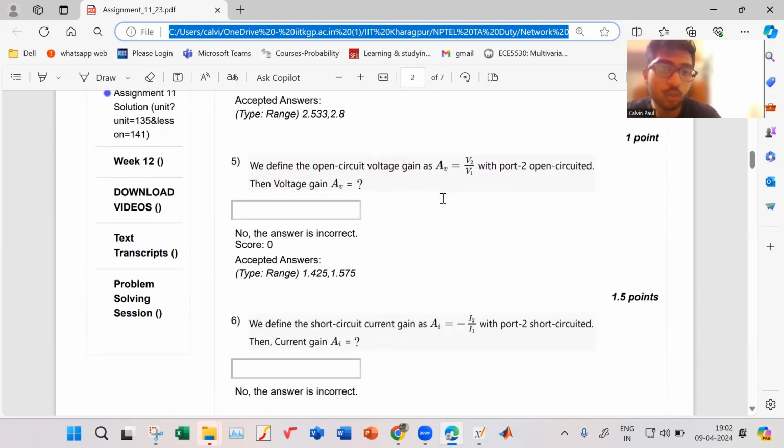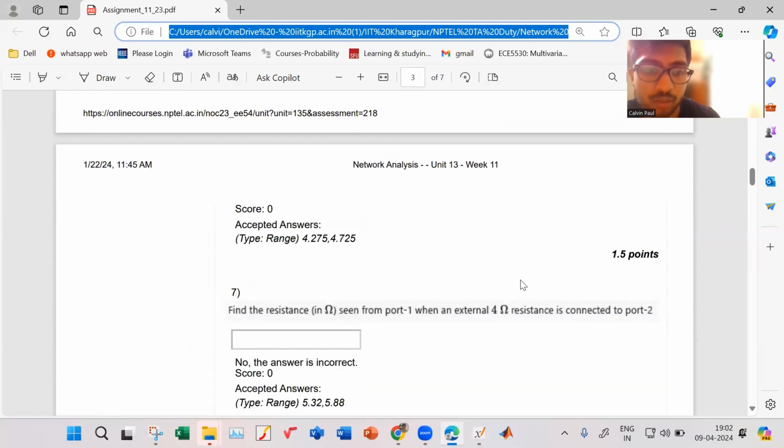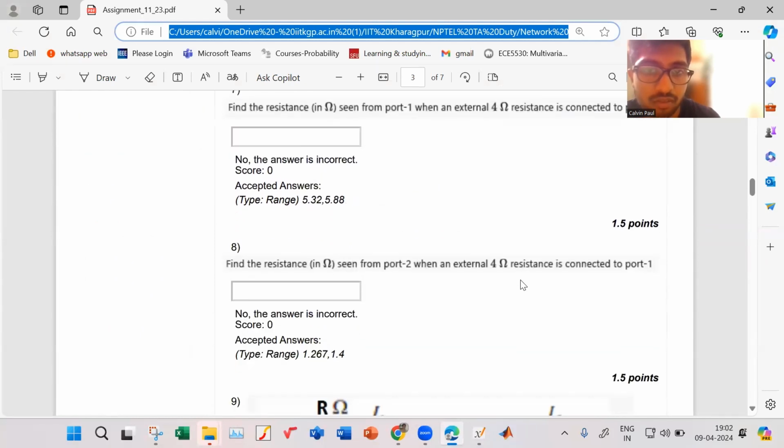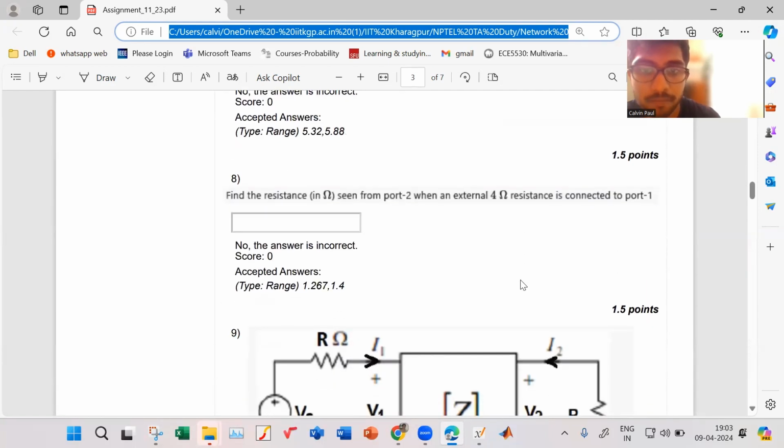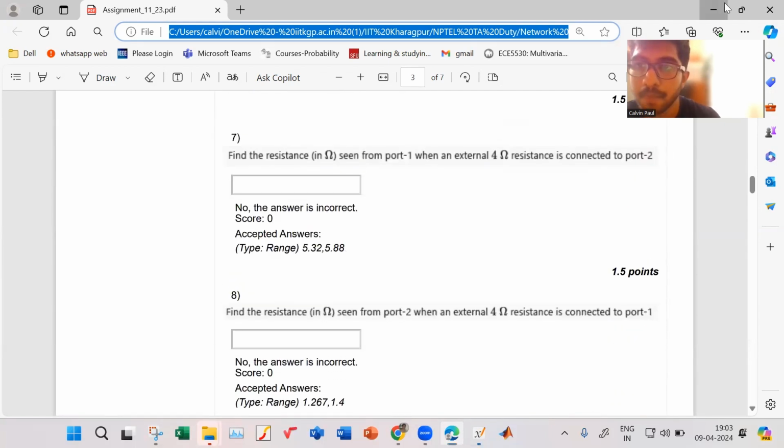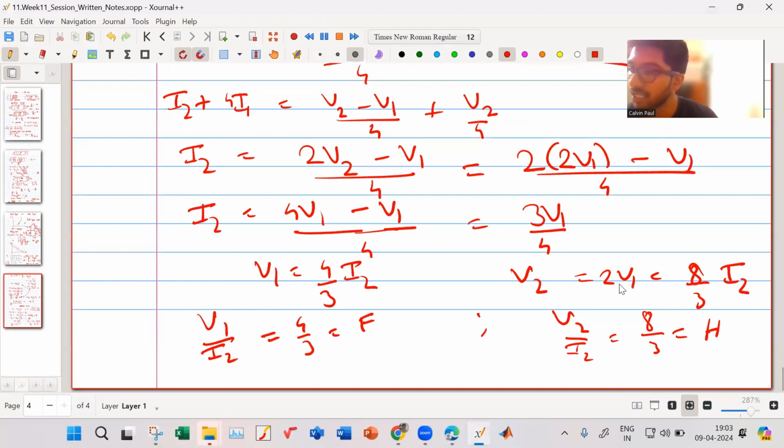Now we will go to find the open circuit voltage gain and the short circuit gain. Open circuit voltage gain, short circuit gain, connected to port 2. Okay. So first, let us write this. Let me add a new page.